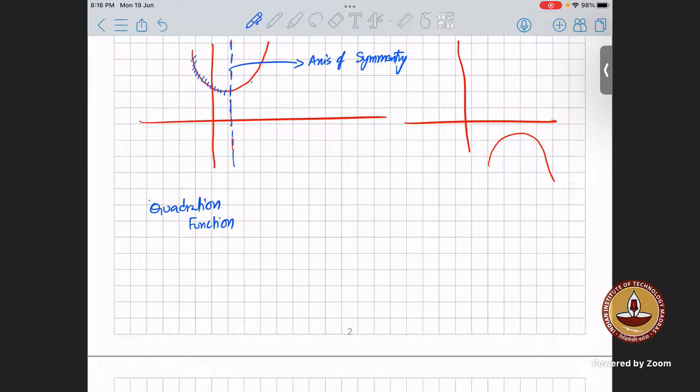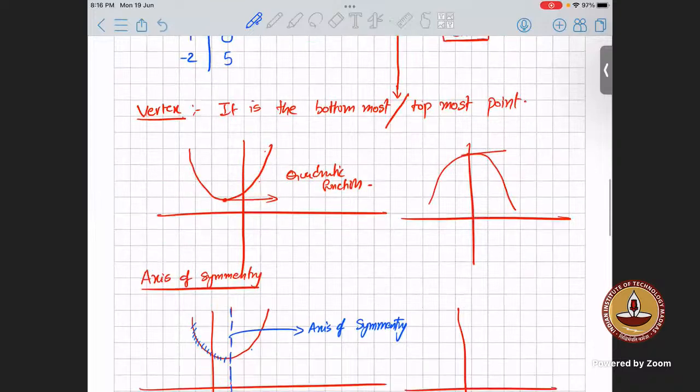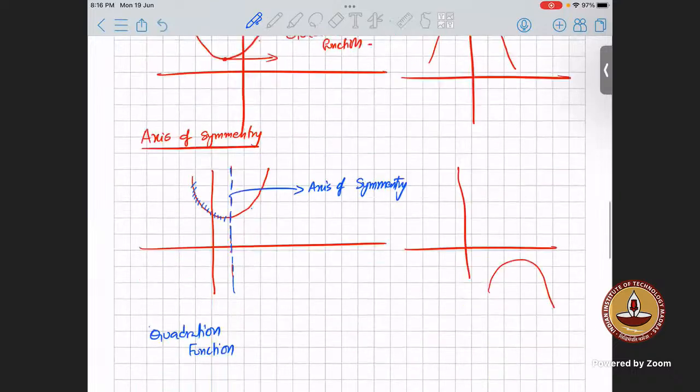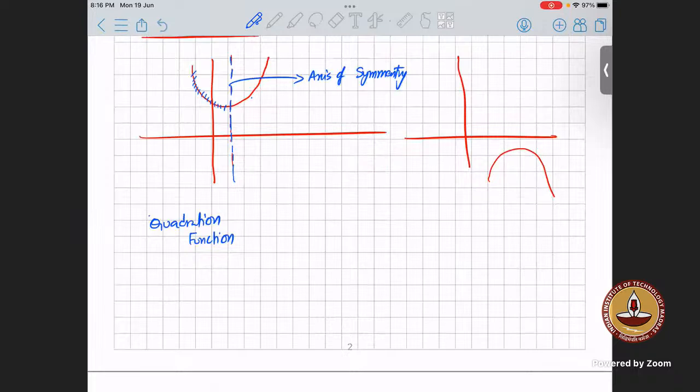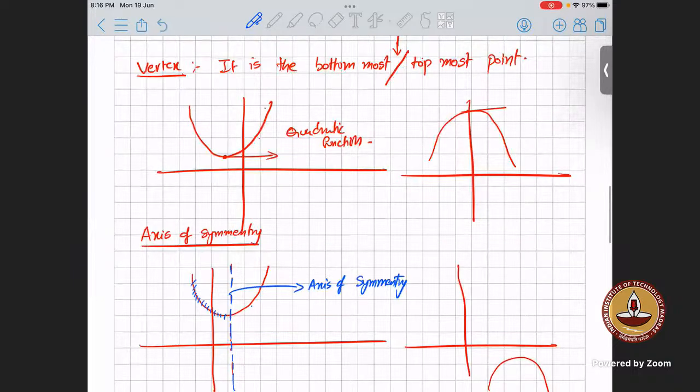I discussed only two things. A quadratic function has a vertex, at the bottom or the top. I'm asking what the parameters are: the vertex and the axis of symmetry.